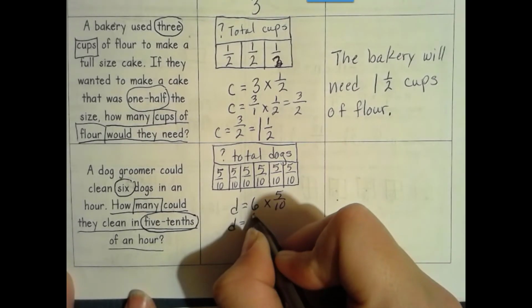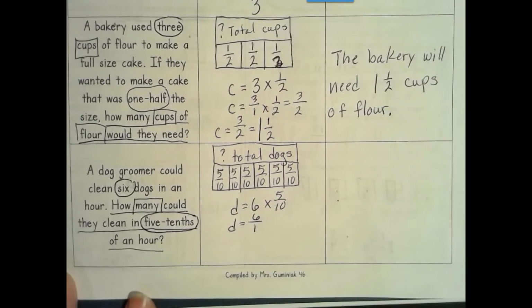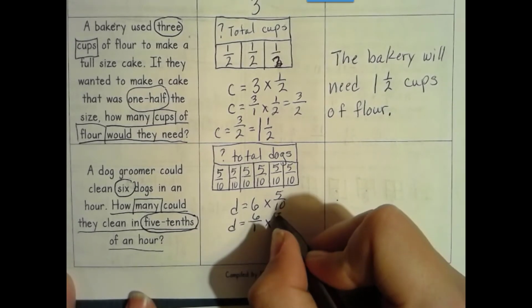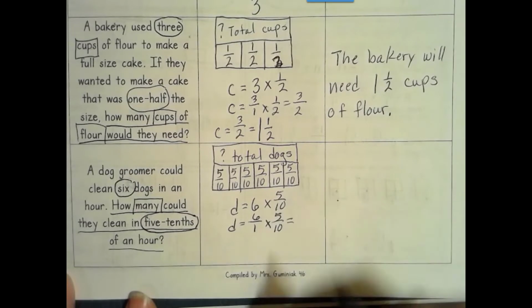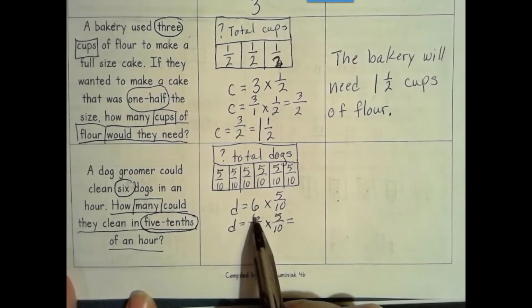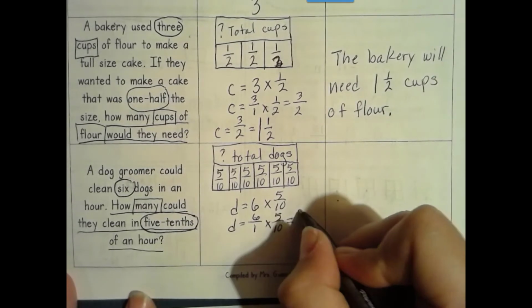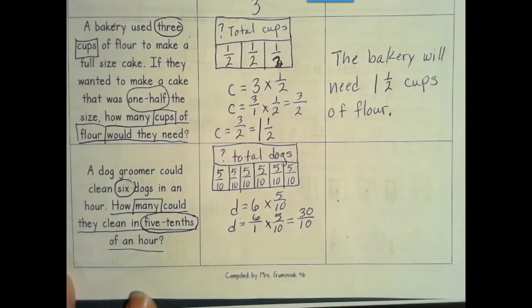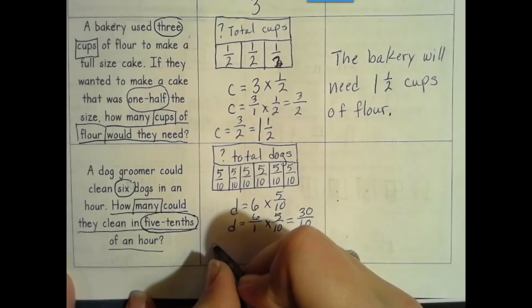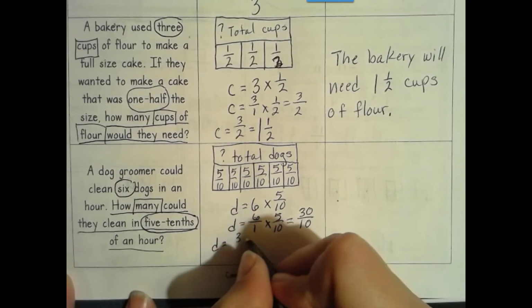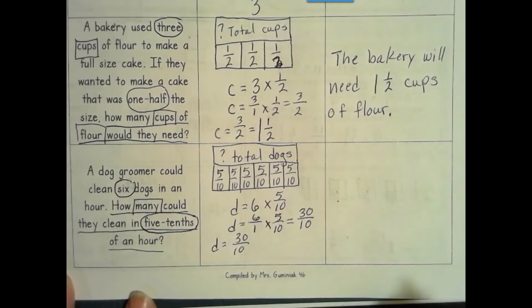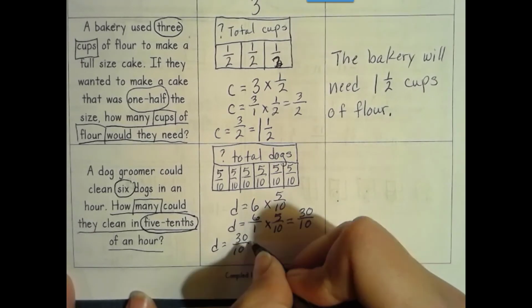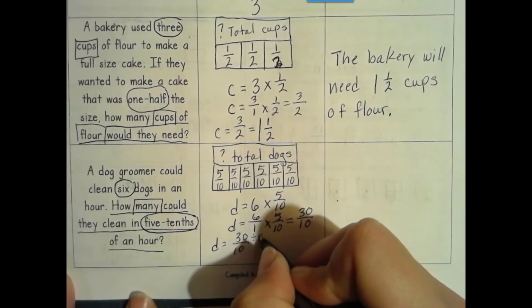So we can represent the 6, the whole number, as 6 whole units, not cut up into any pieces, 1 whole piece. So 6 over 1. And this can help you remember what to multiply. 6 times 5, or 6 groups of 5, is 30. 1 group of 10 is 10. 30 and 10 can both be divided by 10.